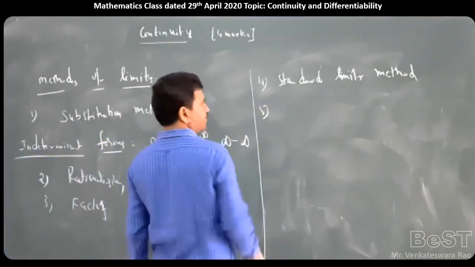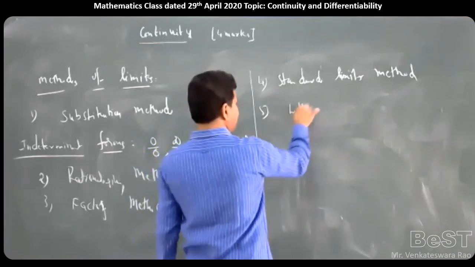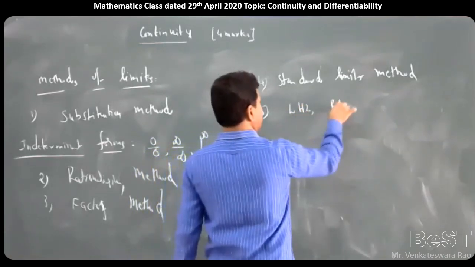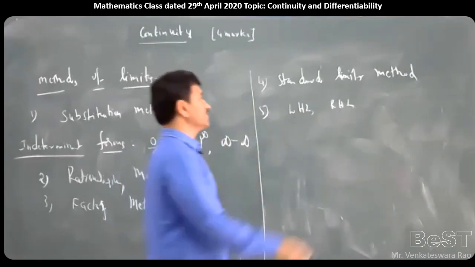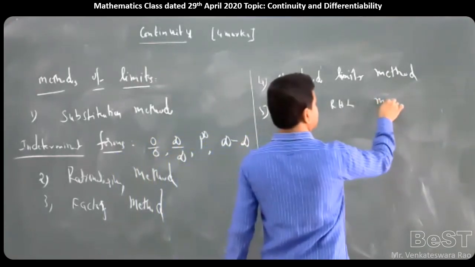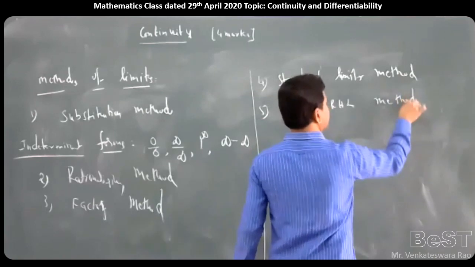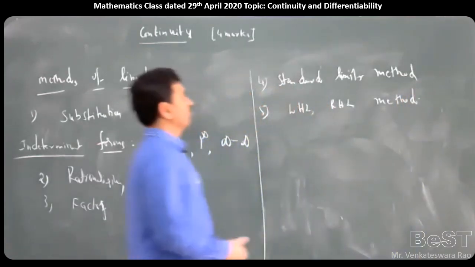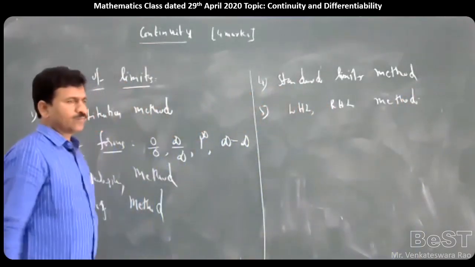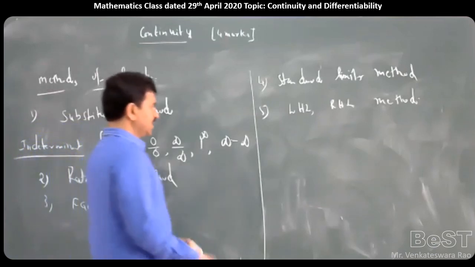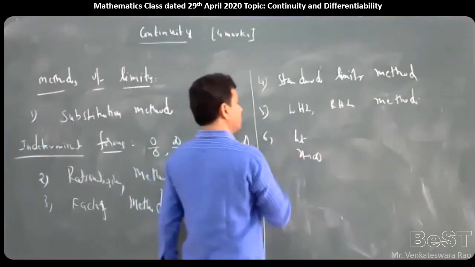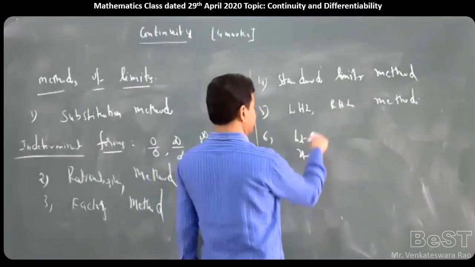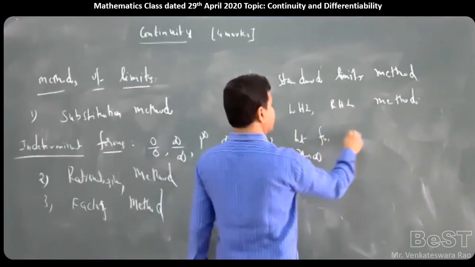And one more, the left limit and right limit method, the LHL and RHL method. Next, limit extends to infinity, f of x models.